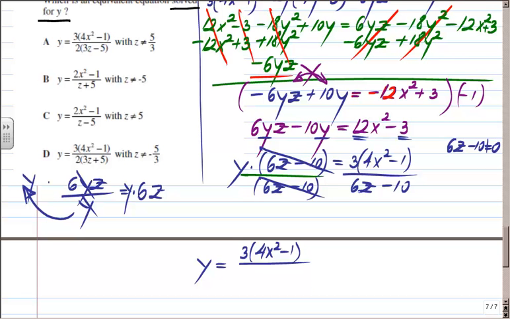Okay, everything over 6z minus 10. But 6 and 10 have a common factor, and that common factor is what? 2. So I can write this bottom expression as 2 times 3z minus 5. And I'm going to write that here as my final answer for y. 2 times 3z minus 5.